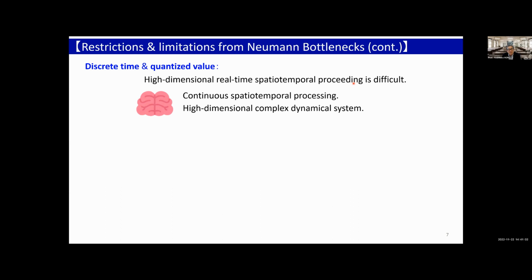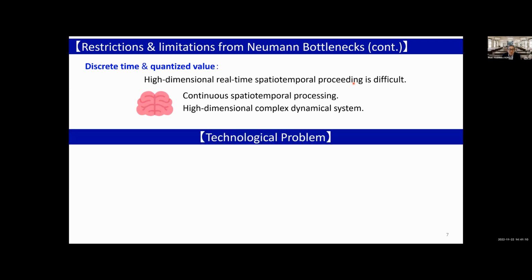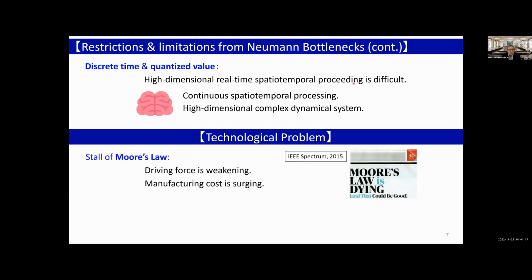Okay. Besides these restrictions and limitations that came from the von Neumann bottleneck, digital computers are currently facing some technological problems. One of them is the stall of Moore's law.